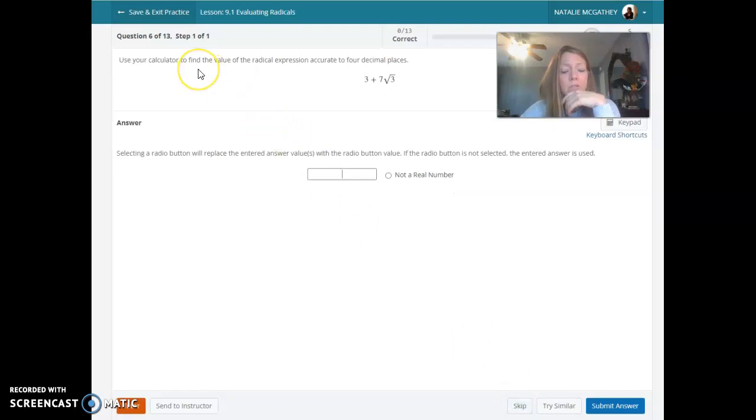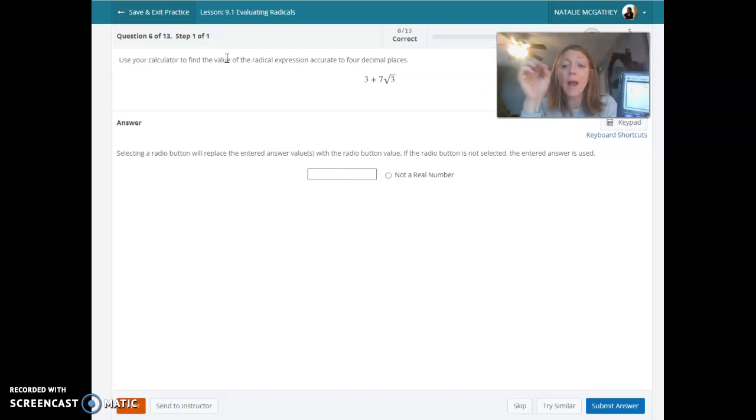And here, to use your calculator to find the value of this expression, what we actually want you to do is plug it into the calculator and get a decimal approximation. So for this one, if I type in 3 plus 7 times the square root of 3, just like so, hit enter, it's going to give me a decimal with a whole bunch of digits after the decimal place.